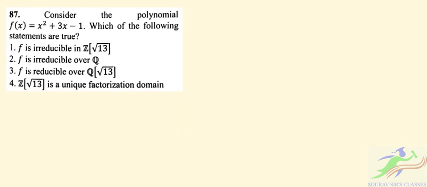Question 87. Consider the polynomial f(x) is equal to x square plus 3x minus 1. Which of the following statements are true? If we find the roots, setting it equal to 0, we get x is equal to minus 3 plus minus root over 9 plus 4, all divided by 2.